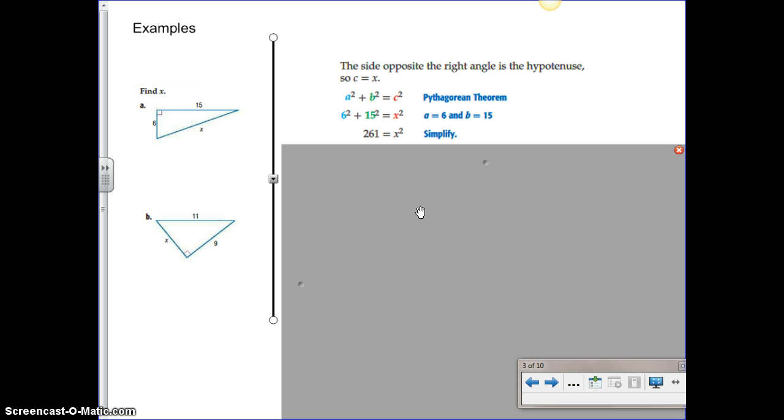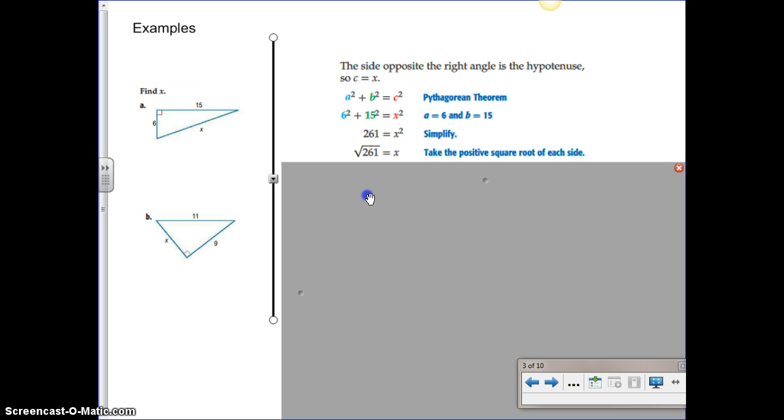After solving using our calculator, we find that 6 squared plus 15 squared equals 261. Then, of course, we need to take the square root of both sides, and we get x is equal to the square root of 261, which can be simplified into 3 square root of 29.